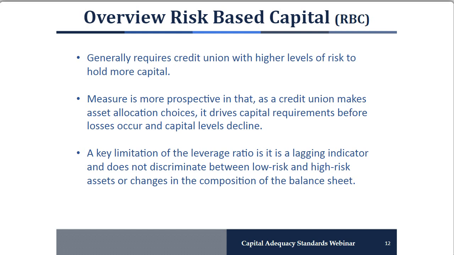Further, the leverage ratio does not discriminate between low-risk and high-risk assets or changes in the composition of the balance sheet. The leverage ratio does not account for the riskiness of assets, but can provide a baseline level of capital adequacy in the event that the approach to assigning risk weights does not capture all risks.